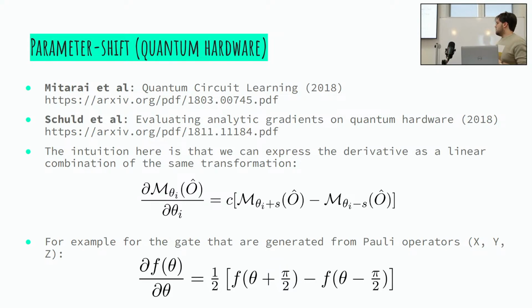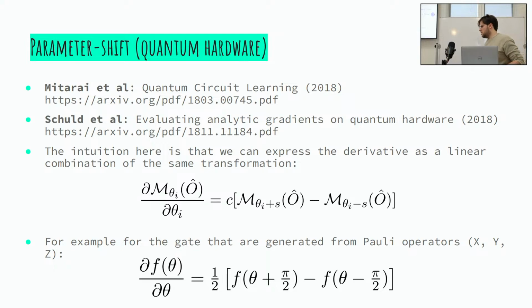I will not go into details, but the intuition here is that we can express the derivative of this transformed observable O as a linear combination of the results when you shift the parameter. So you see that you can shift it by s and minus s. You get the results of those two quantum executions, and that gives you the derivative.